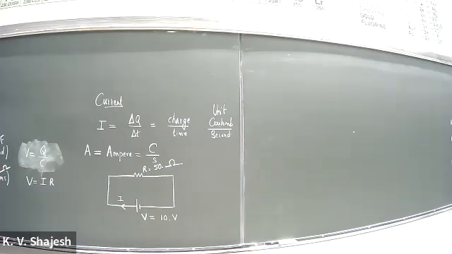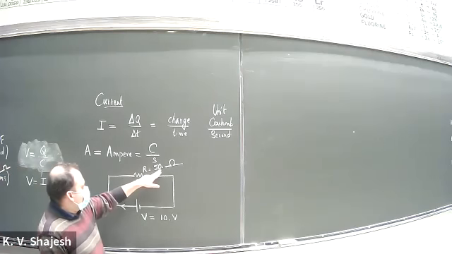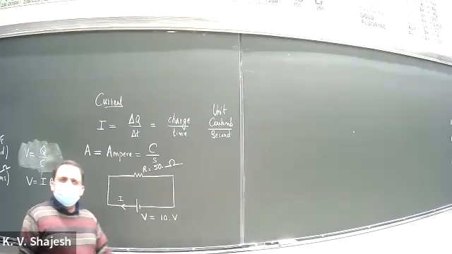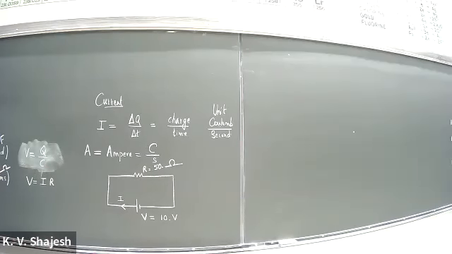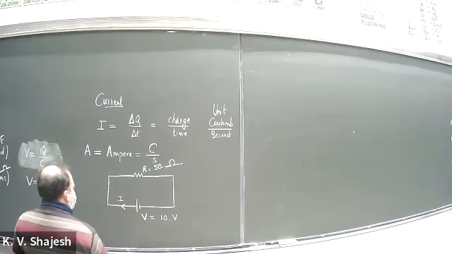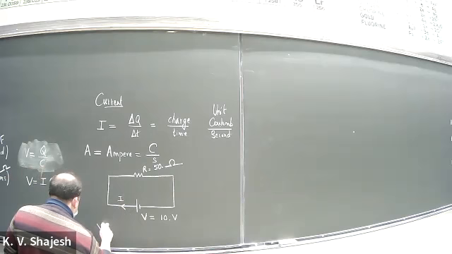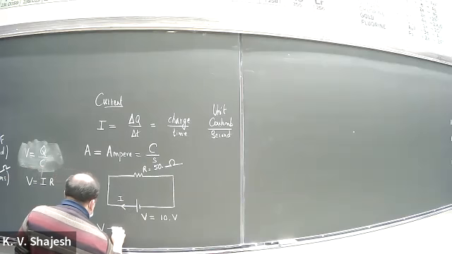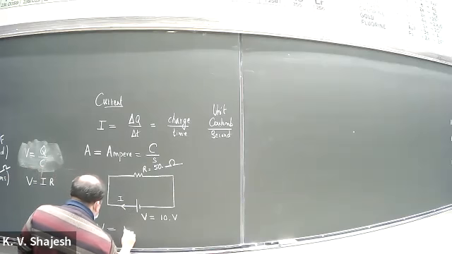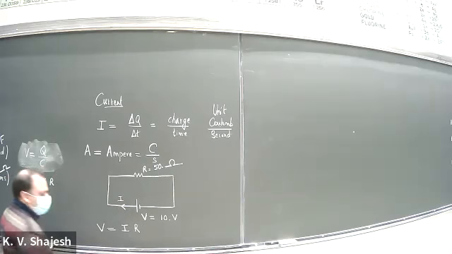But if the resistance is large, then it will not let too much energy flow through, and I will be small. So the connection between V, I, and R is that voltage across a resistor is equal to current times the resistance. So it's a linear relationship between the 3 quantities.